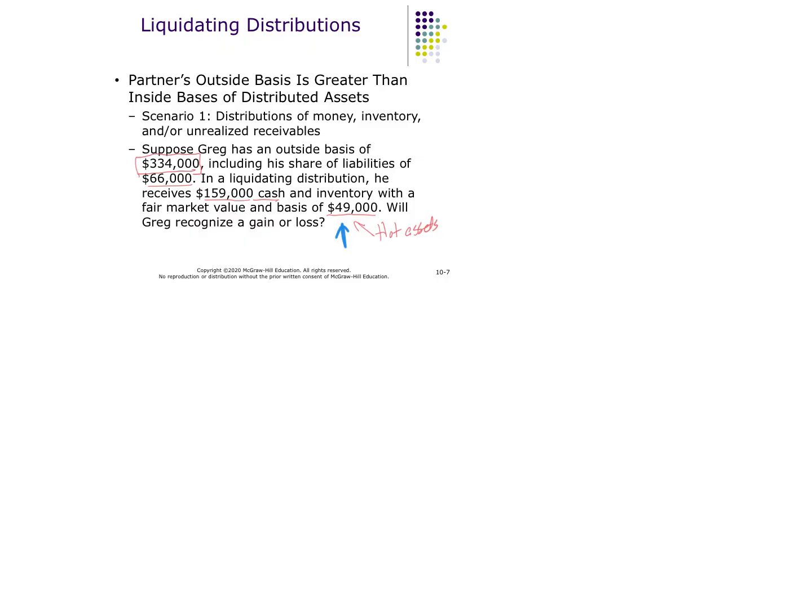First, let's see what we've got going on. He has an outside basis of $334,000, and that outside basis includes his share of liabilities, so we're going to take his liabilities out.